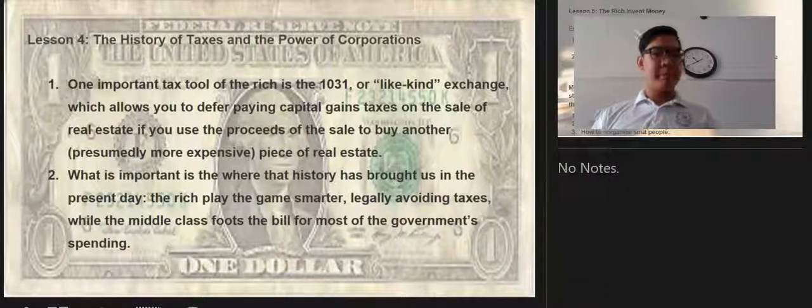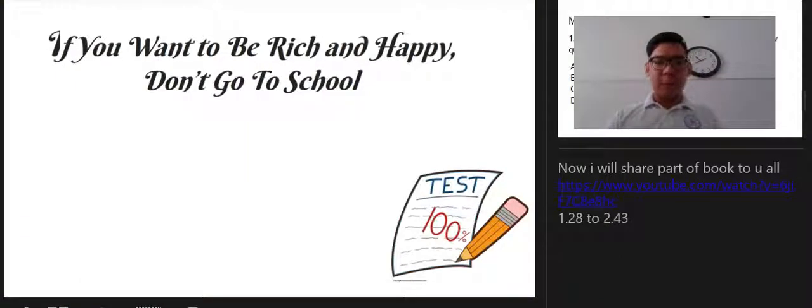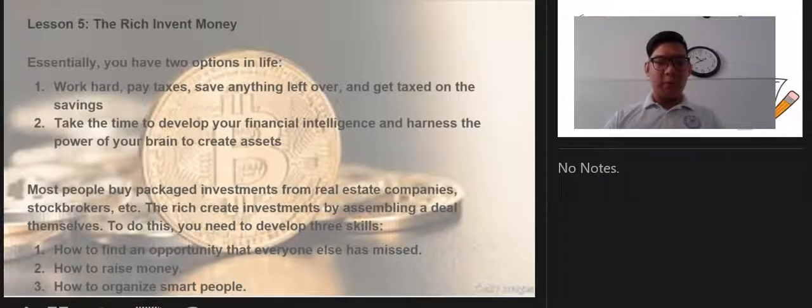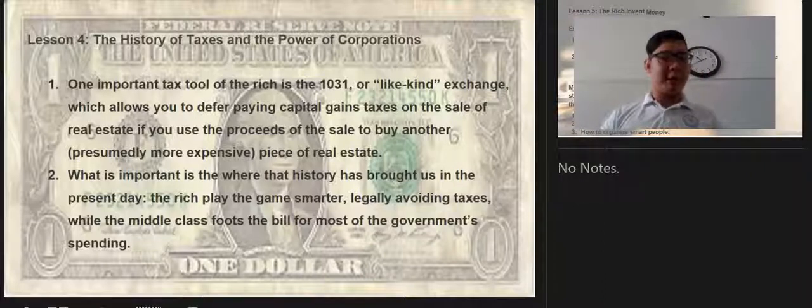Lesson 4, the history of taxes and the power of corporations. One important tax tool to reach is the 1031, or like-kind exchange, which allows you to defer paying capital gains taxes on the sale of real estate if you use the proceeds of the sale to buy another piece of real estate.